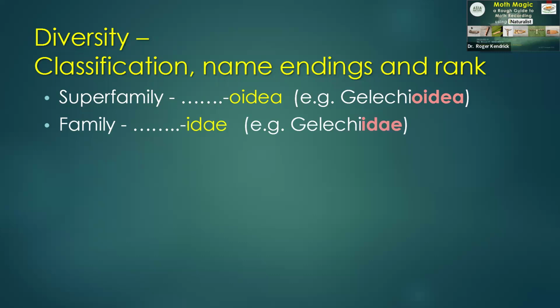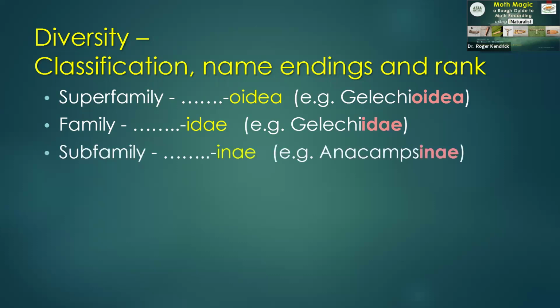And in the family Gelechiidae, watch out, because you have a stem that ends with -ia for the genus Gelechia. You drop the a, but you double up the i, so you have Gelechi-i-dae at the end. One of the subfamilies of the Gelechiidae is the Anacampsinae, so -inae rather than -idae. Tribes below subfamily end in -ini.